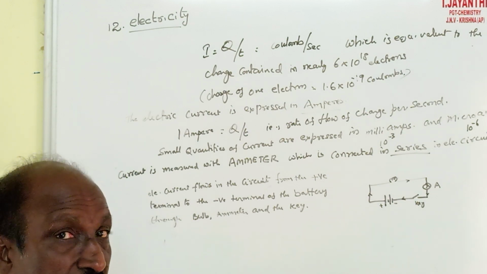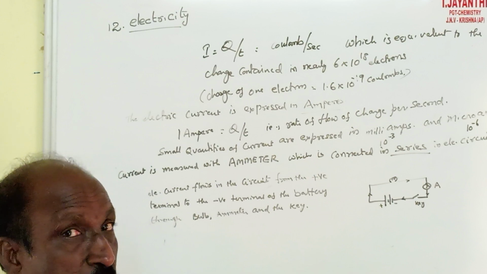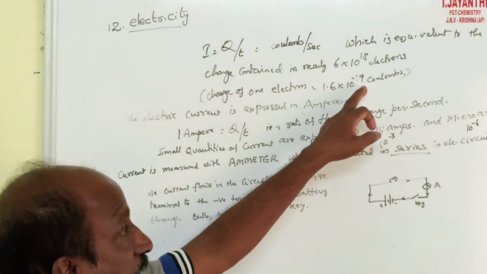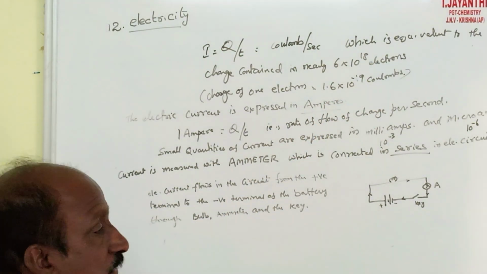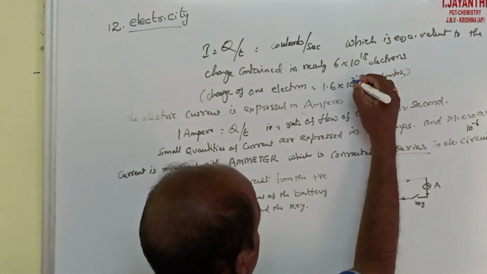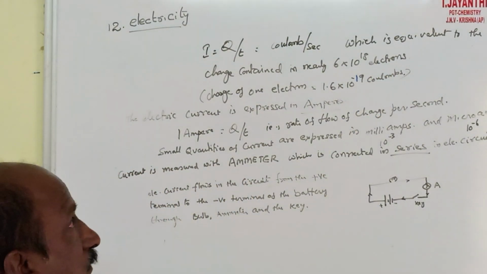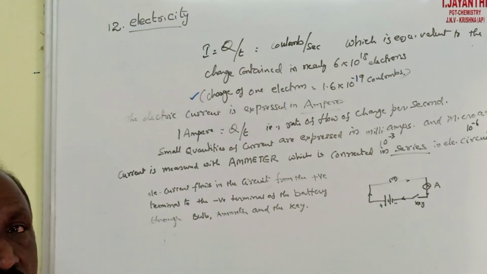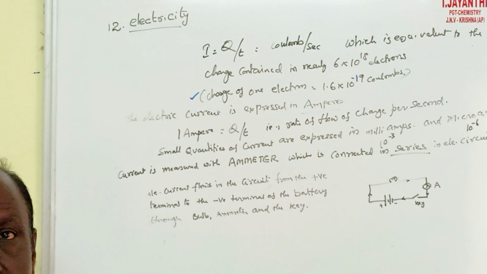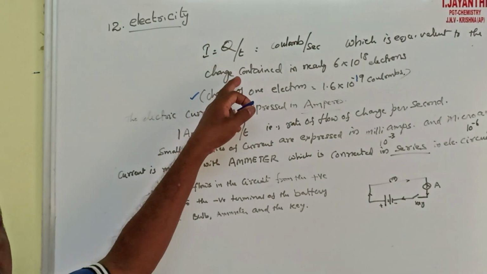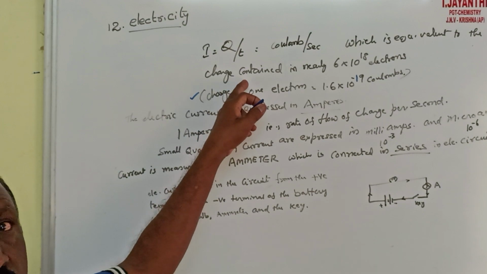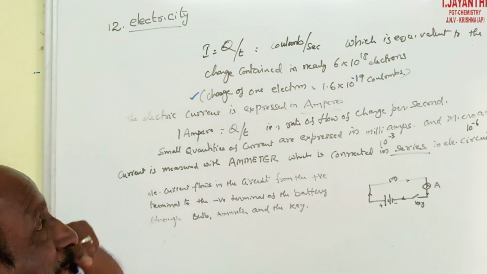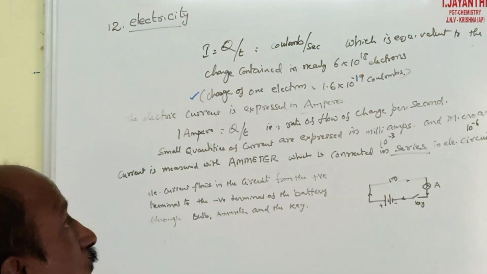the electrons are negatively charged particles whose charge is equal to 1.6 into 10 to the power of minus 19 coulombs. The charge of one electron is equal to 1.6 into 10 power minus 19 coulombs, from which the definition of the current has been derived as 6 into 10 power 18 electrons.